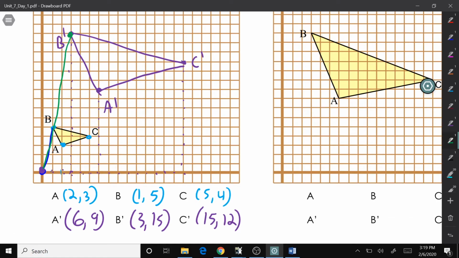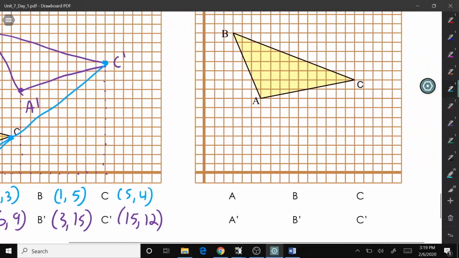So if I multiply the distance from the origin to B by 3, that gives me the distance from the origin to B prime. If I multiply the distance from the origin to C by 3, that would give me the distance from the origin to C prime. And that's only because our dilation center is at the origin.